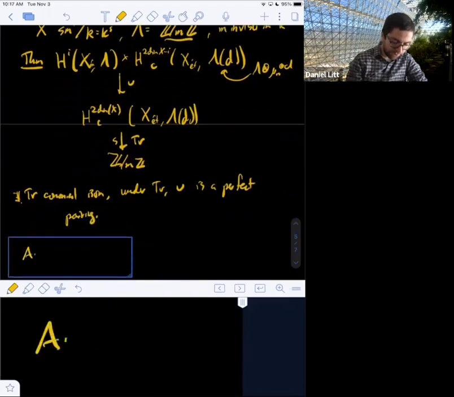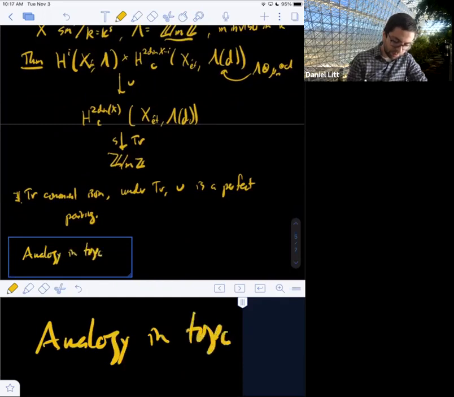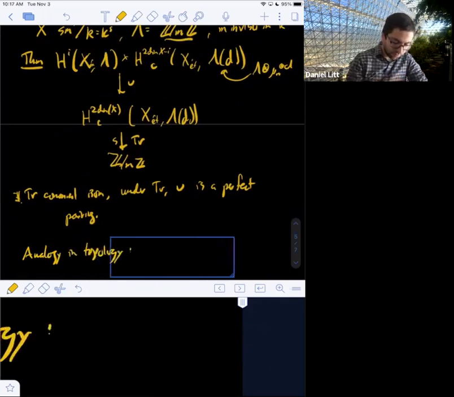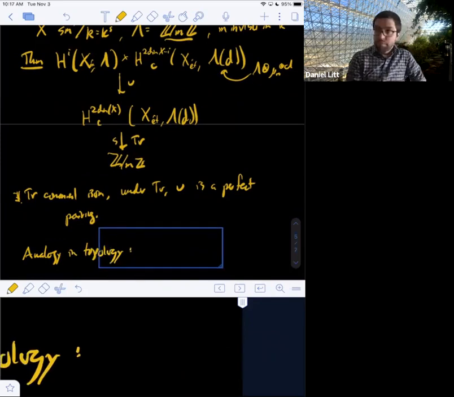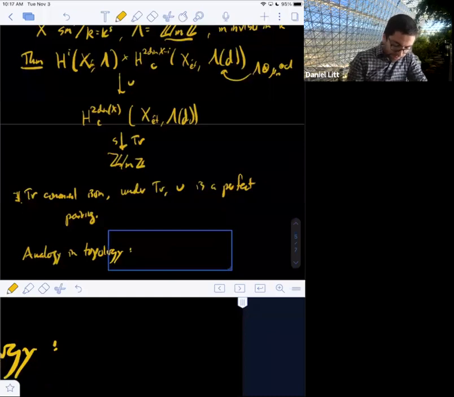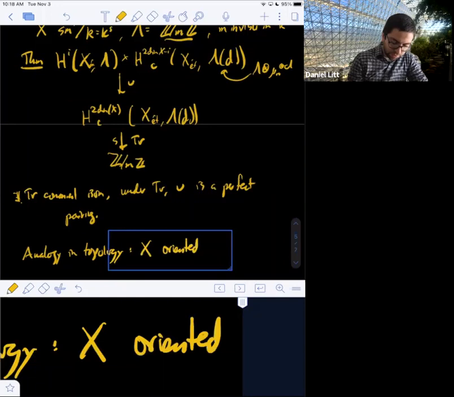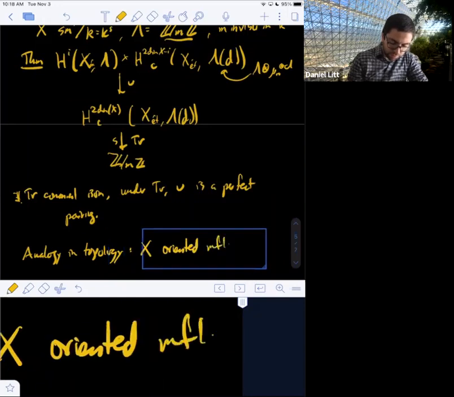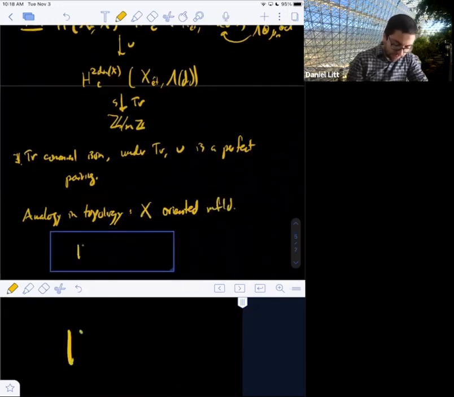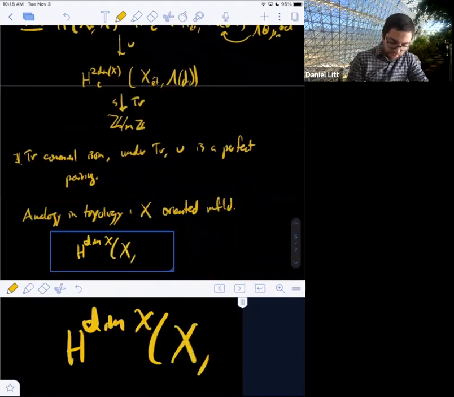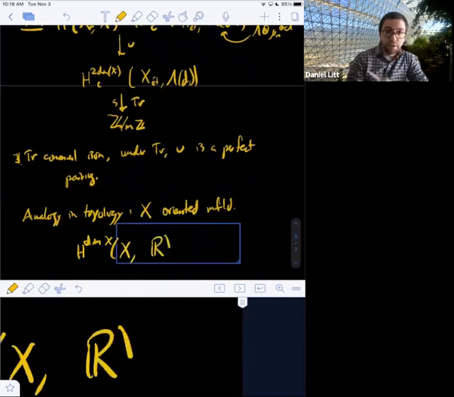Okay, so what's the analogy in topology? Suppose X is an oriented manifold. Then there's a map from H^(dim X)(X, R).